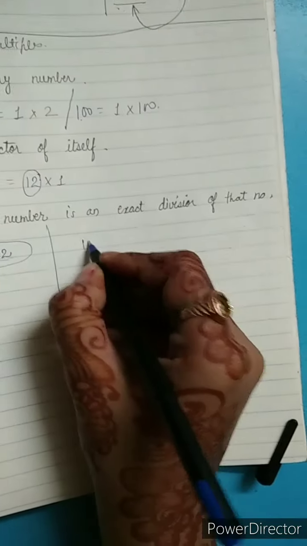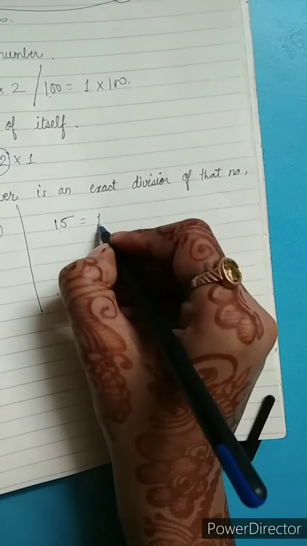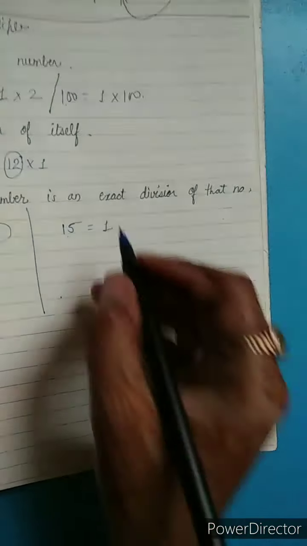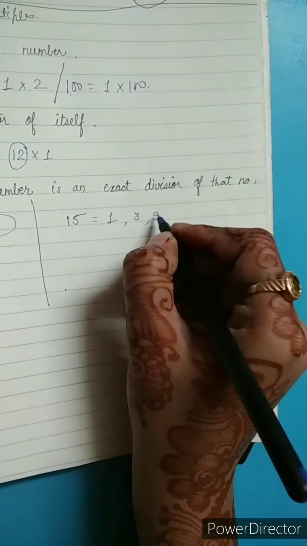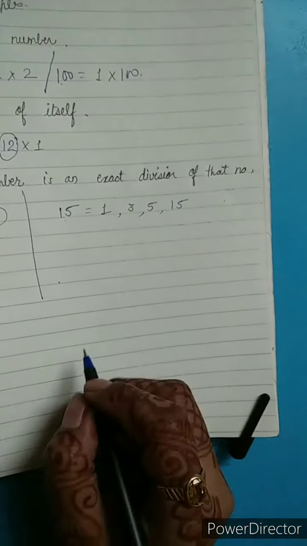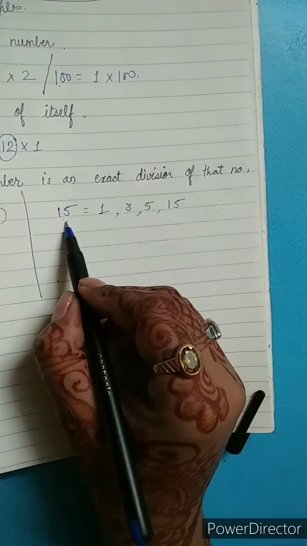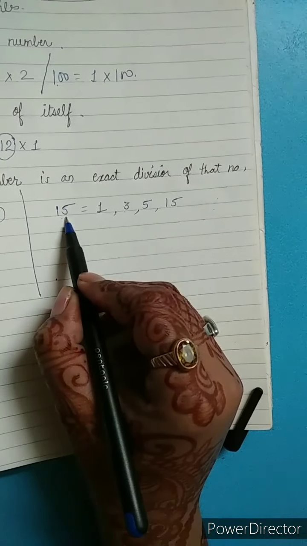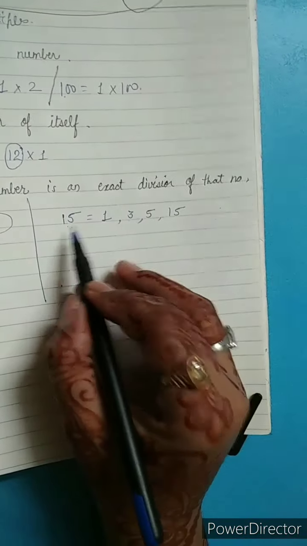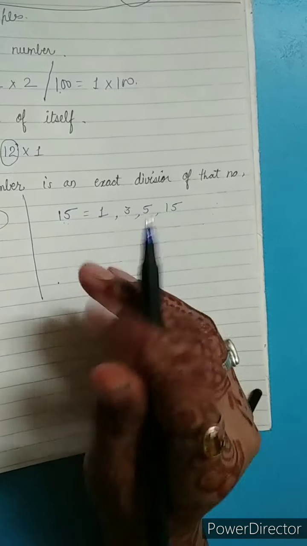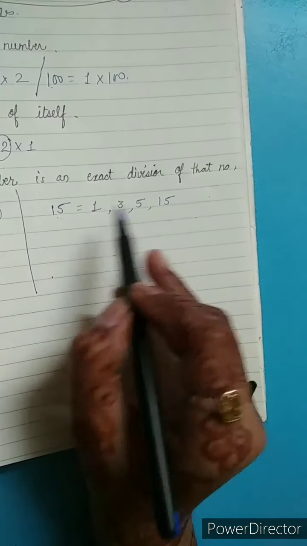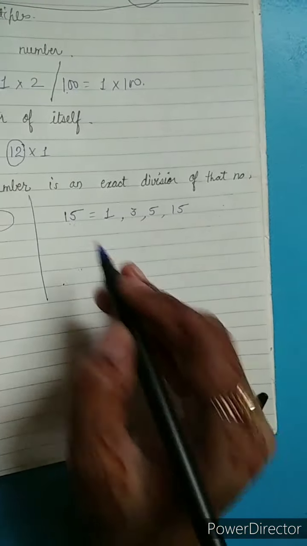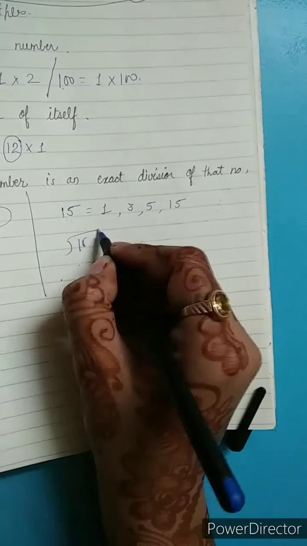One more example, if I take 15, क्या 15 1 से पूरा divide होगा? हाँ, because 1 is a factor of 15, 1, 3, 5 and 15. 15 3 से भी पूरा डिवाइड हो जाएगा. 3 के टेबल में 15 कितने टाइम्स में आता है? 5 टाइम्स में. In the table of 5, 15 comes 3 times. When you divide 15 by 5, its answer is 3, but in the remainder you don't get anything.